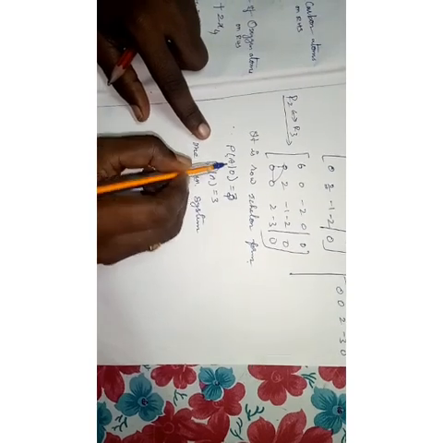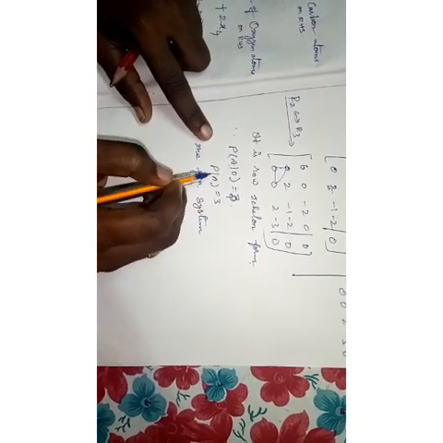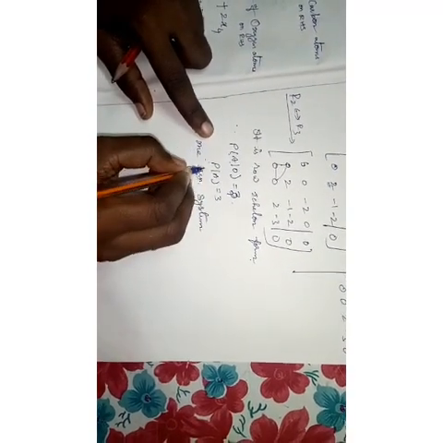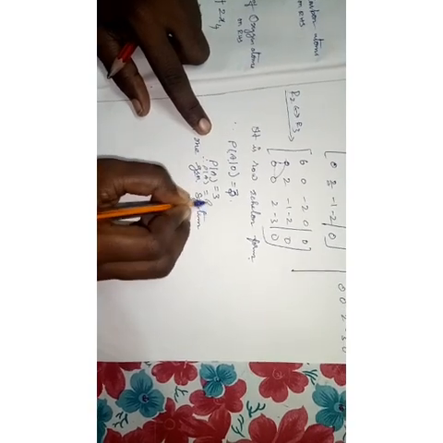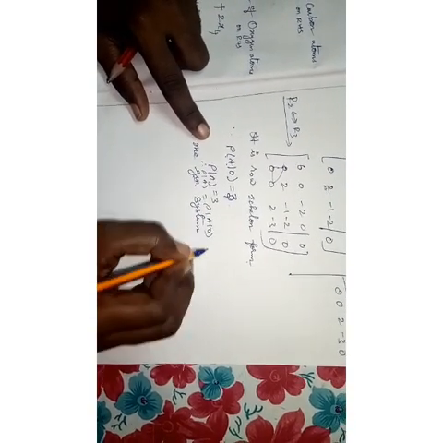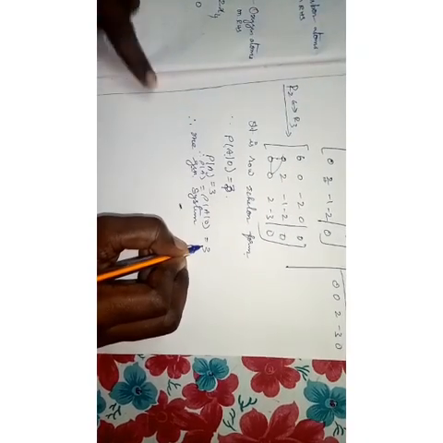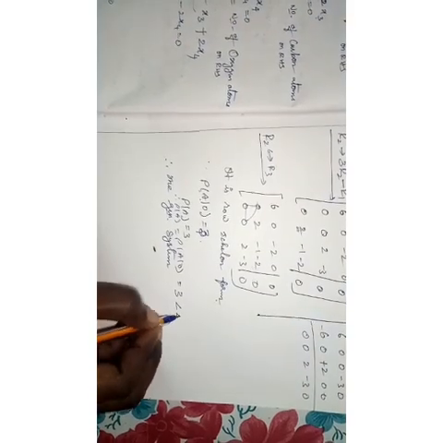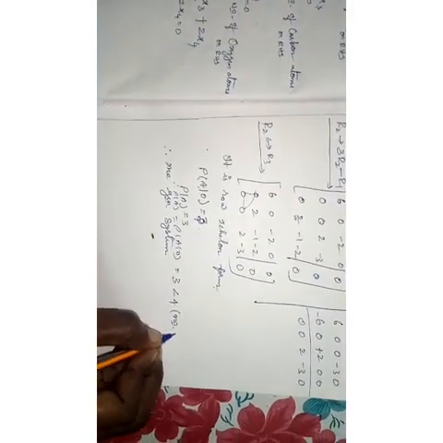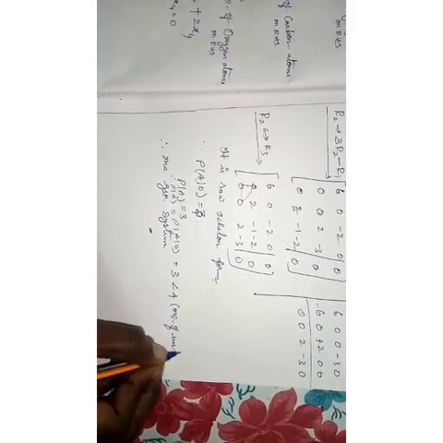Rank of A bar is 3, rank of A is 3. Therefore rank of A equal to rank of A bar equal to 3. But children, how many elements are there? 4 elements are there, no? Rank is less than 4, the number of unknowns.